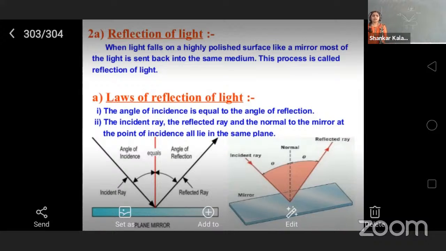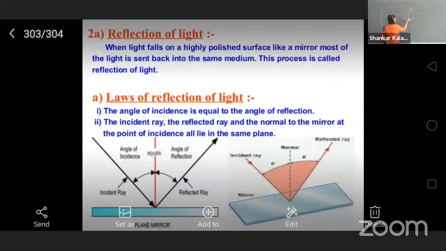The angle of incidence is equal to the angle of reflection. When you put this torch on the object, this incident ray is equal to the angle of reflection. The incident ray, the reflected ray, and the normal to the mirror.